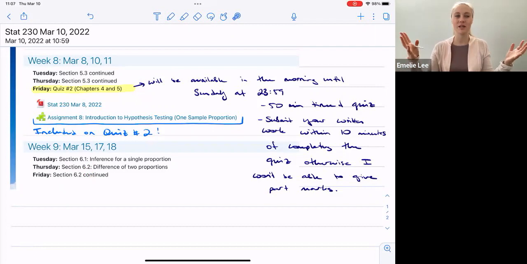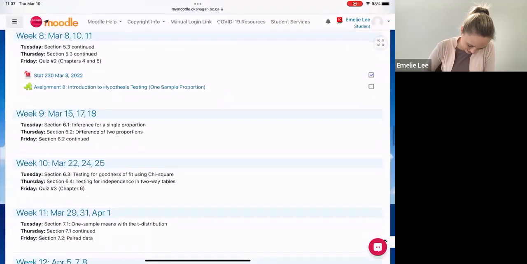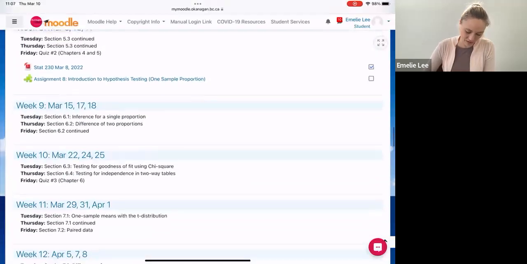So we just build on this, and chapter 6, only chapter 6, is on quiz number 3. So you can see how important that material is. Yeah, quiz 3 is on chapter 6.